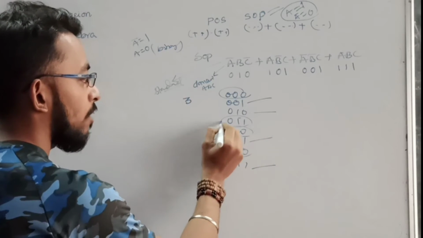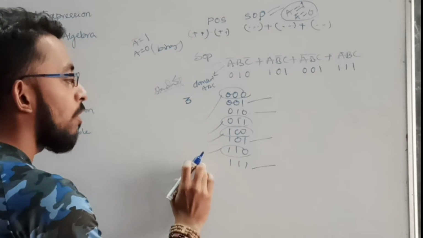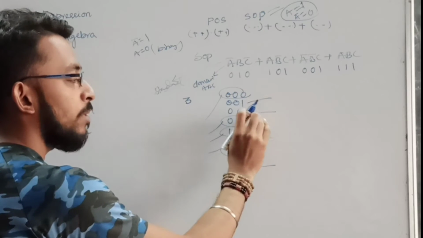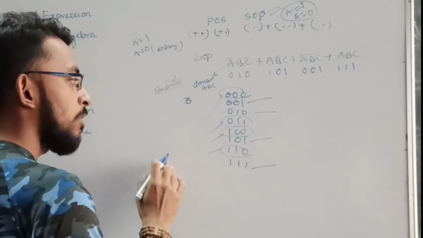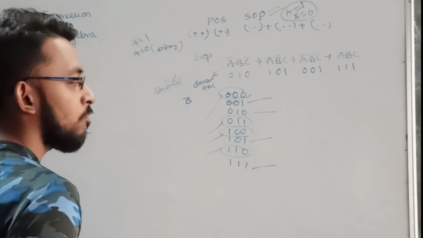And these 4 terms are not present in my SOP. It means in my POS, these 4 terms will occur. Are you getting it or not? The terms that are present in SOP will not be there in POS. In POS, the terms present are the terms that are not present in SOP.